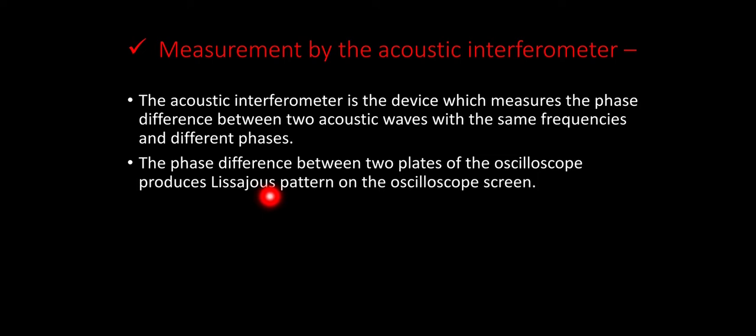By analyzing the Lissajous pattern, we can know the phase difference. By the phase difference, we can know the path difference, and by the path difference, we can know the wavelength. So this is the target of this experiment.